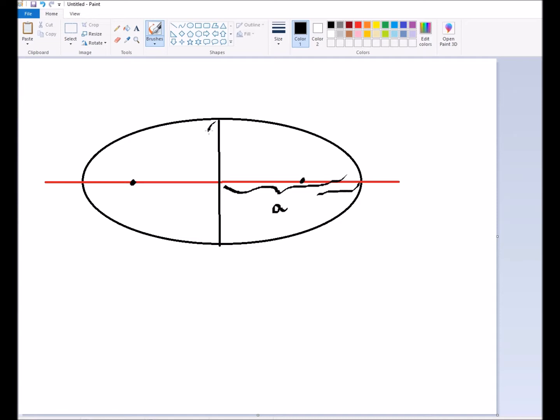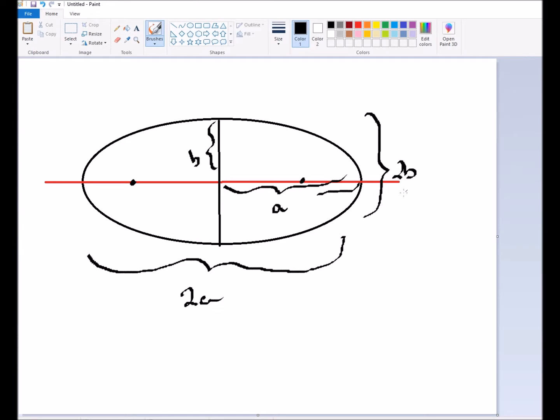This length up here is going to be my B, and the whole length all the way across the entire ellipse is going to be 2A, as vertically is going to be 2B.